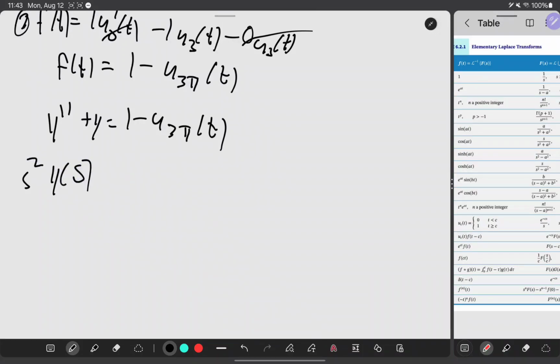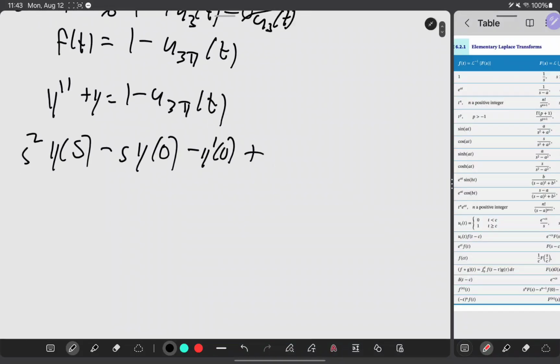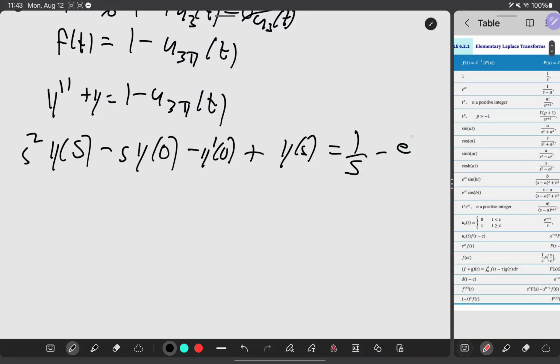So I'm just going to run through this. This is all stuff you should know by now. Nothing so far is really new. It's just putting it all together. If I take the Laplace of 1, that's 1 over s. And this would be e to the minus 3 pi s.